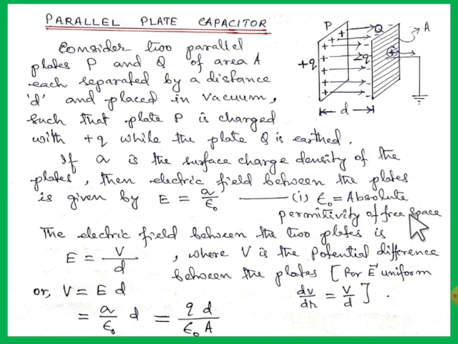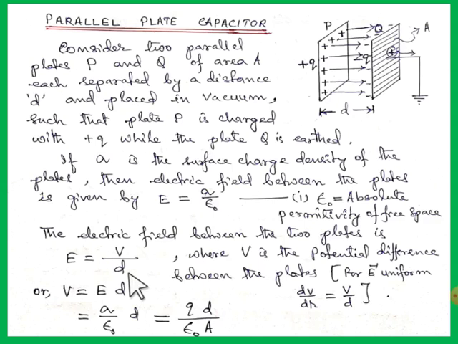Now the electric field between the two plates. From the definition of electric potential, it is the amount of work done per unit charge, and from the potential gradient, electric field is equal to minus the potential gradient.